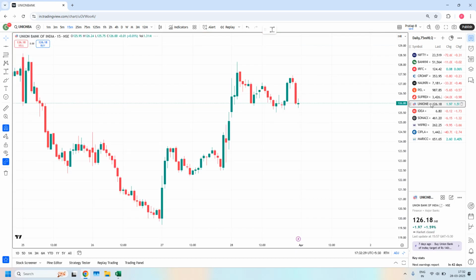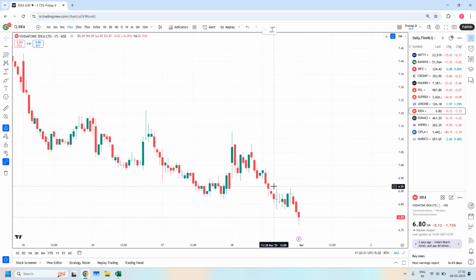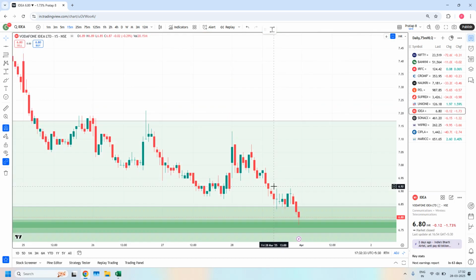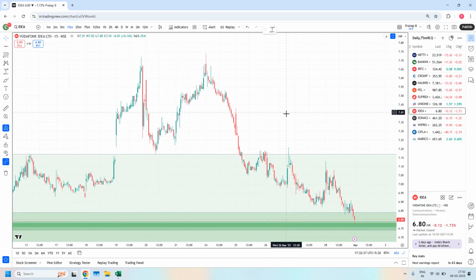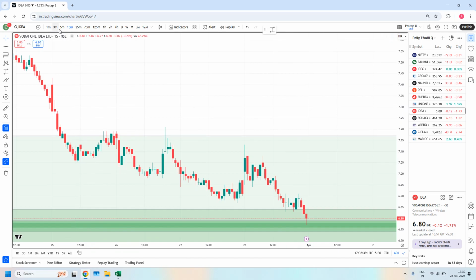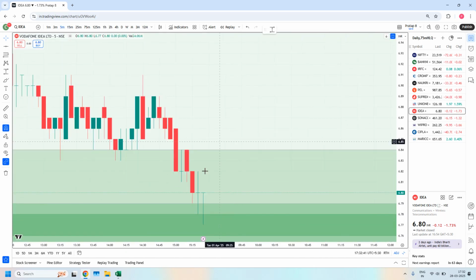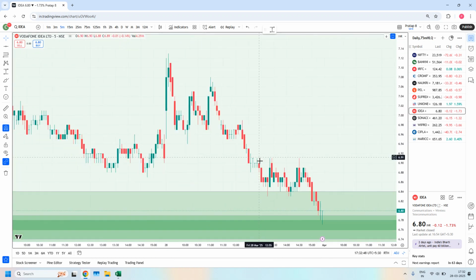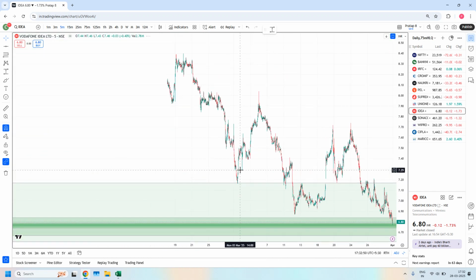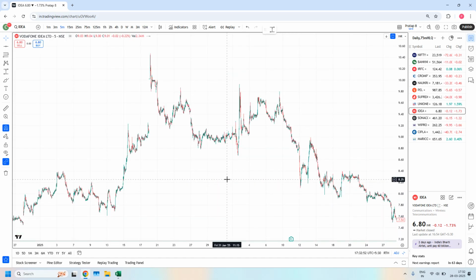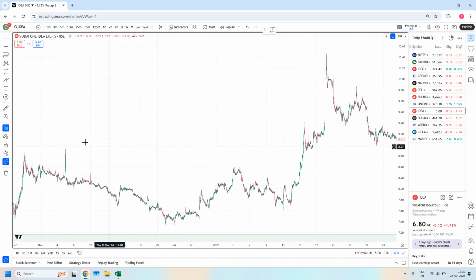Okay, next one is Union Bank, which we discussed. Next one is Idea. Idea today, in the last candles, entered into the fine-tuned 5-minute zone. We identified these fine-tuned 5-minute zones a long time back, almost a month back.